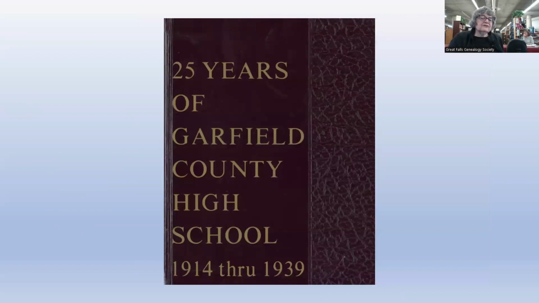Or, Garfield County High School is just one of our most remote. It doesn't even have 2 people per square mile. And yet you'll see that they thought it was interesting enough to do a high school alumni piece of information from 1914 through 1939, those early years.